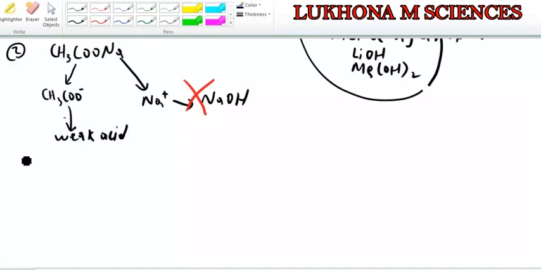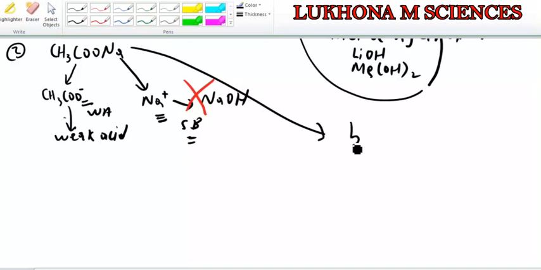But since this one is from a weak acid and this one is from a strong base, the strong base will take over, meaning that this salt is basic, because the ions are from a weak acid and a strong base. The salt is basic, and the pH will be greater than 7.